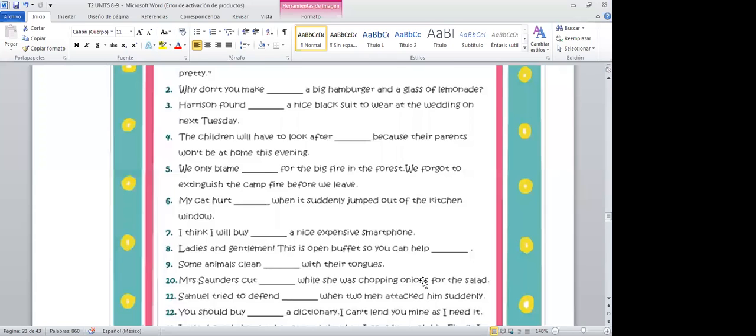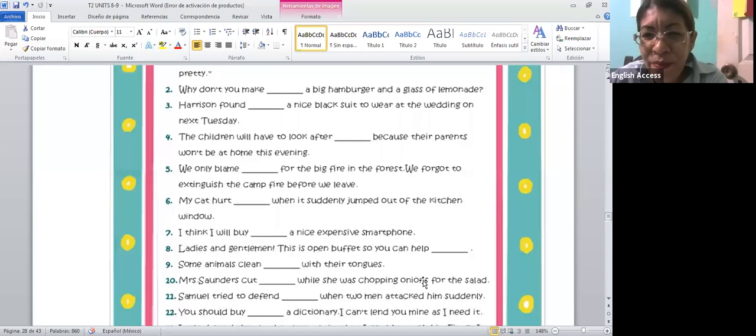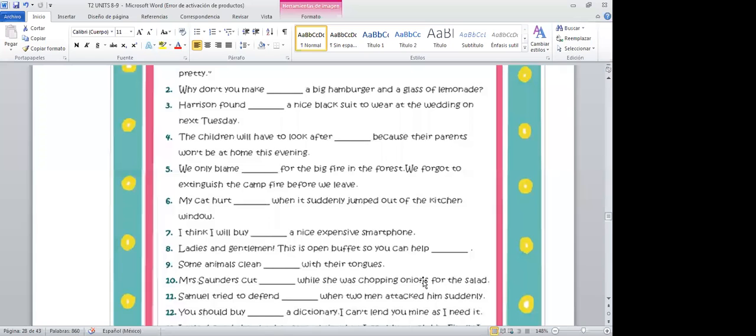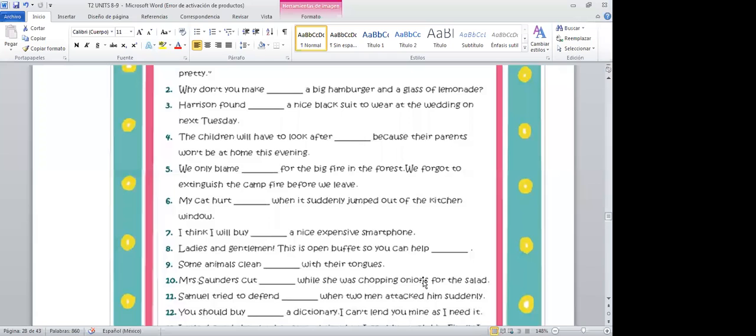Themselves. Yes, continue, because their parents won't be at home this evening. Correct, the children have to look after themselves. So here we are saying that they are going to be alone because it says their parents won't be home this evening, okay?